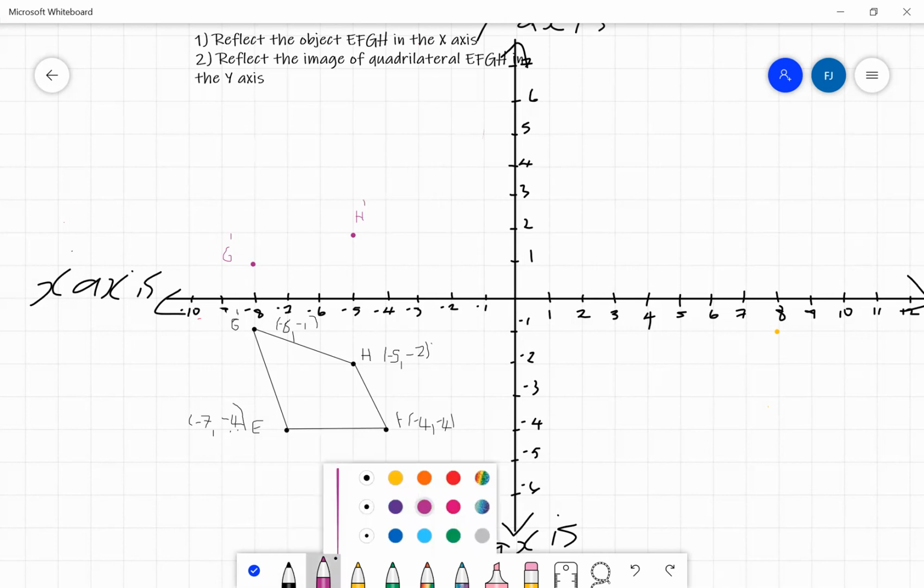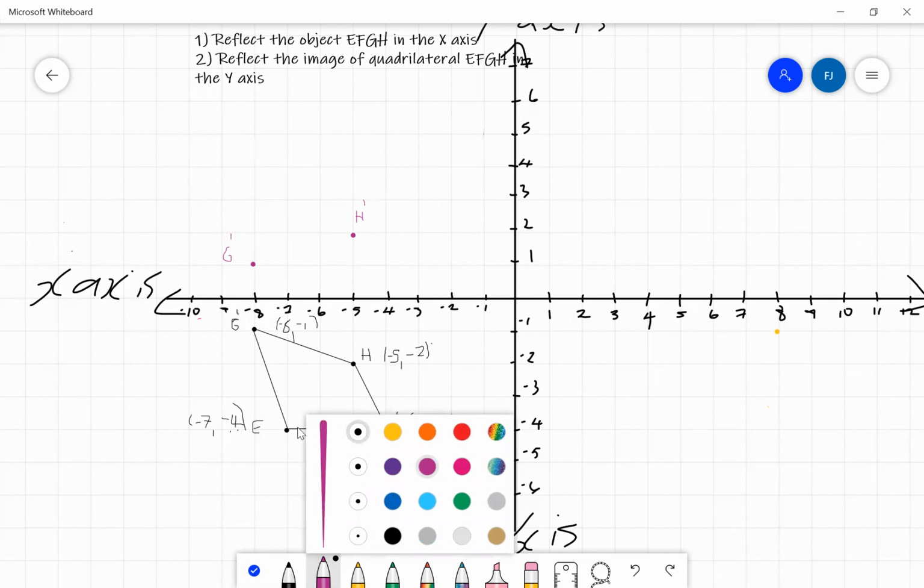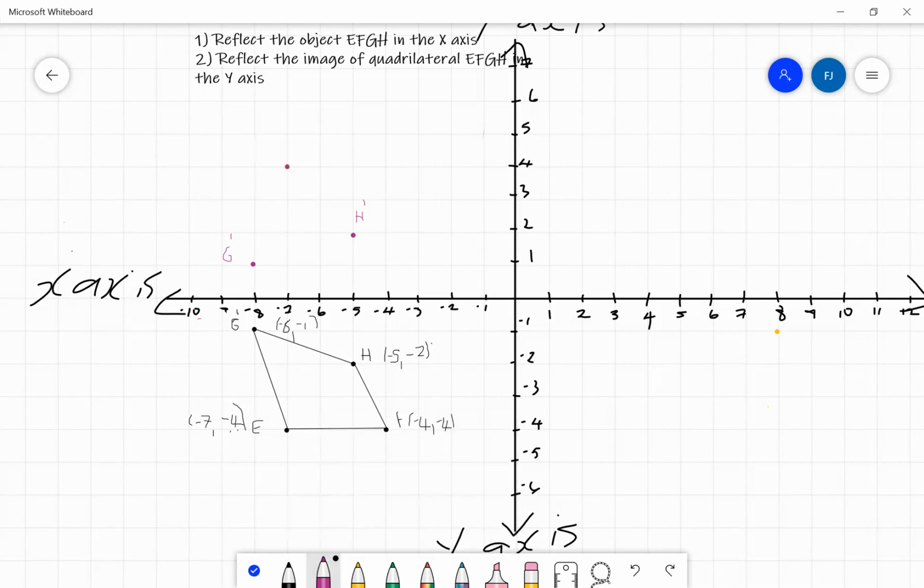Then we will reflect point E. Point E is 1, 2, 3, 4 units away from the x-axis. Going in the opposite direction, we will count 1, 2, 3, 4 units, and there we will obtain E prime.